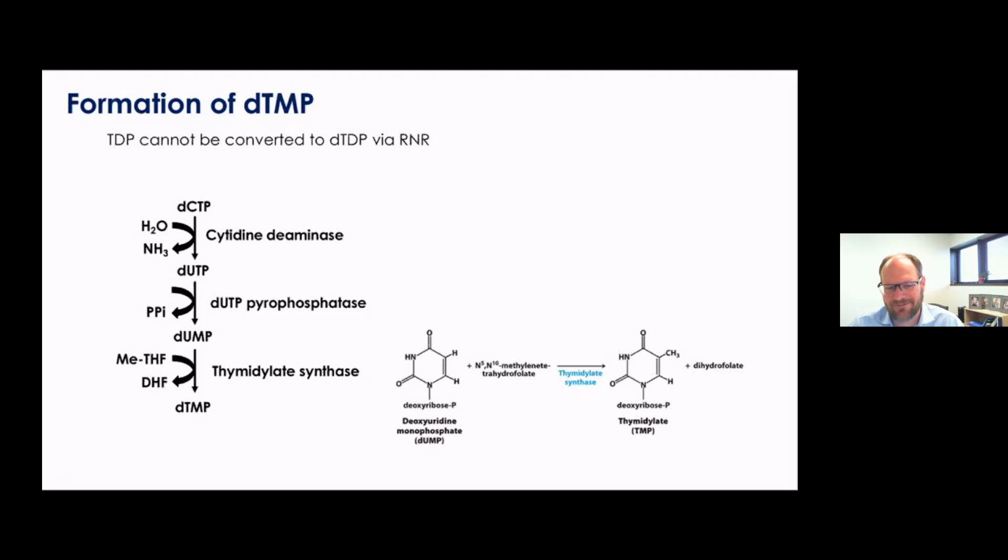So you make dUMP, and that's then used as the precursor for thymidylate synthase, using a methyl that comes from tetrahydrofolate. So methyl tetrahydrofolate allows you to make that thymidine monophosphate.